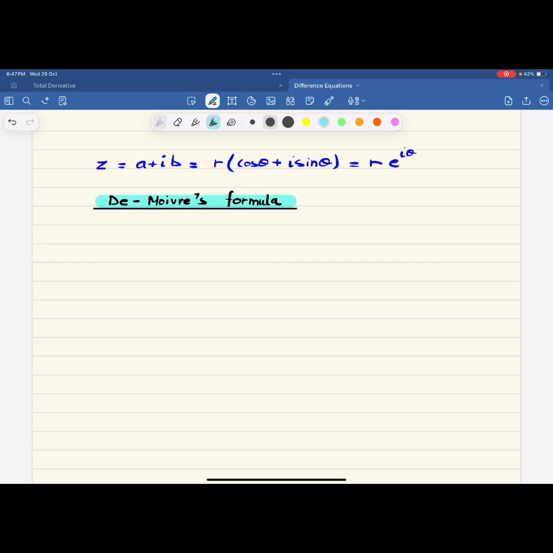So the formula says that (cos theta plus i sin theta) to the power n is equal to cos n theta plus i sin n theta. And this can be proved using induction, and that's a lecture for another day. So for now, we're just going to state this formula without proving it.